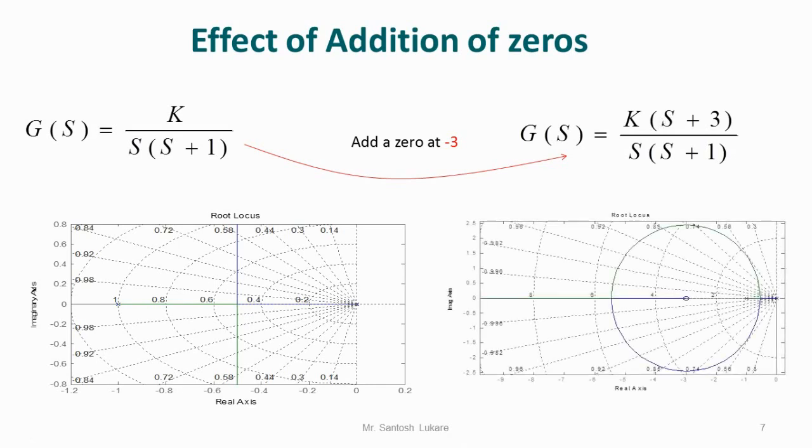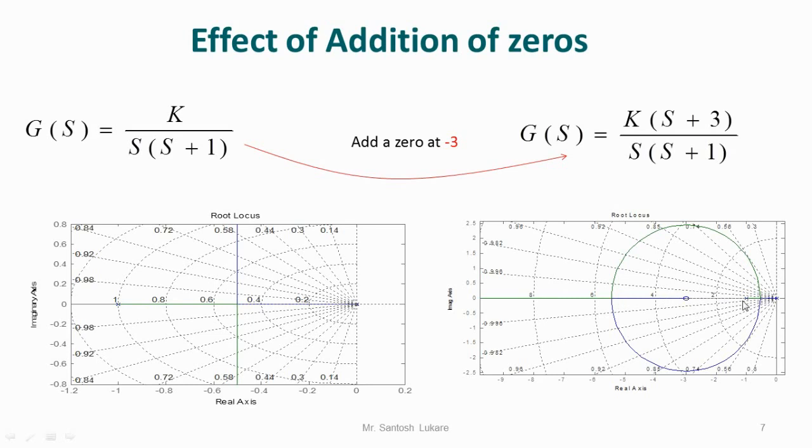If we plot the root locus of such a system, it is observed that the root locus again has two branches. The first branch starts at s = 0. It travels towards the breakaway point. The root locus breaks away in this direction and again it breaks into the real axis and ends at the zero at minus 3.